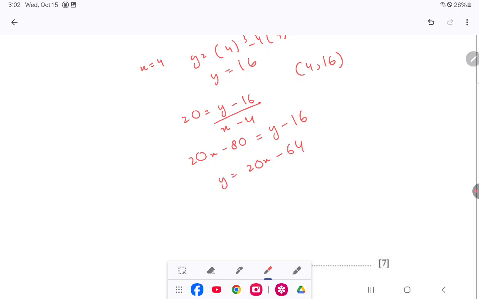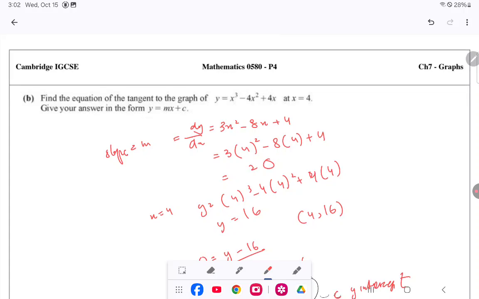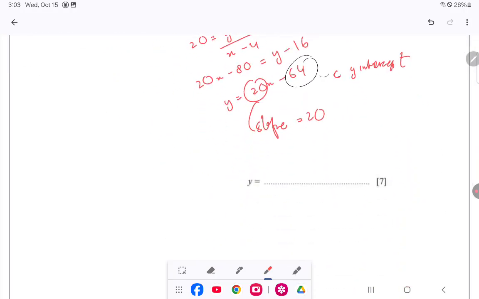This is our line equation where this is our c, the y-intercept, and this is our slope value which we just calculated, 20, right here. So it is proved, and we can write our answer y is equal to 20x minus 64.